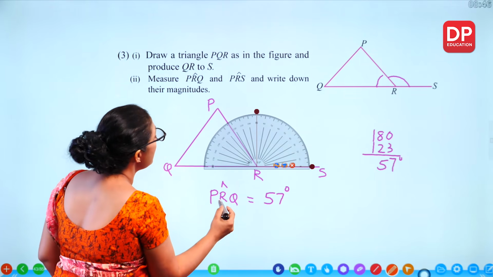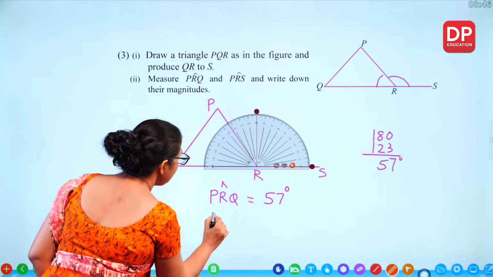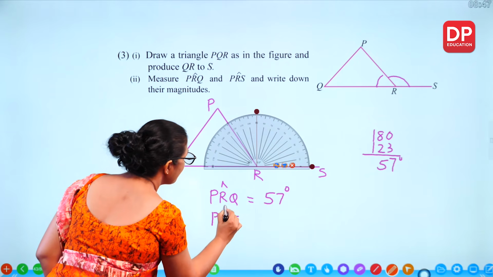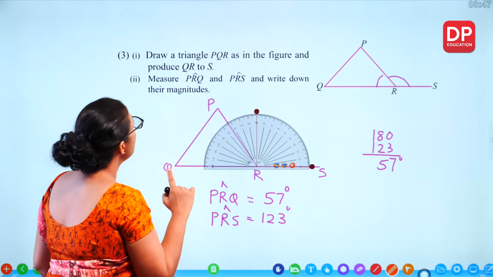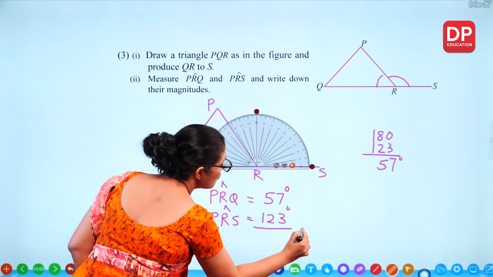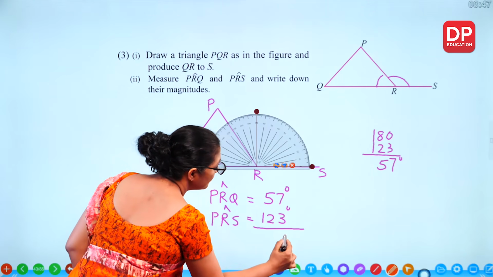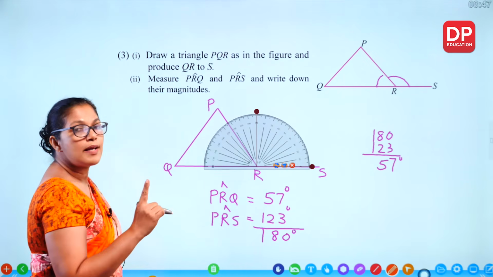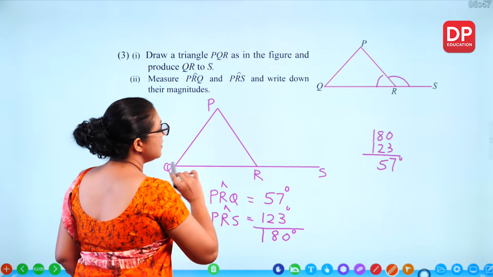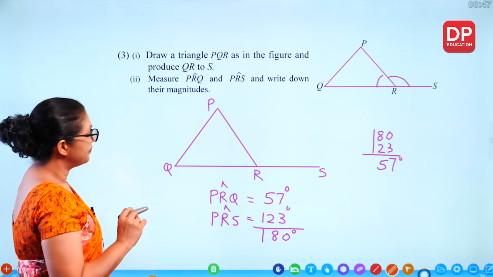So PRS is 123. So we know that when you add these two, you are getting 180 degrees because this is a straight line.